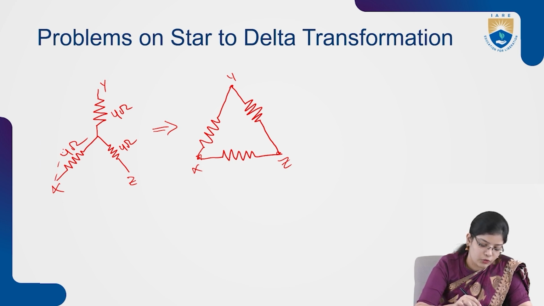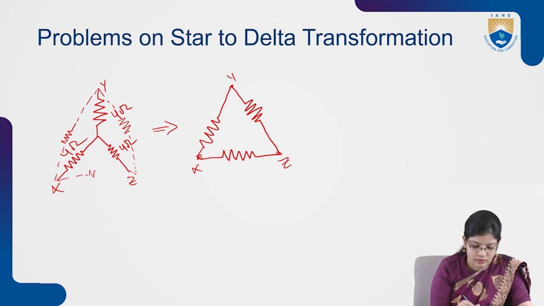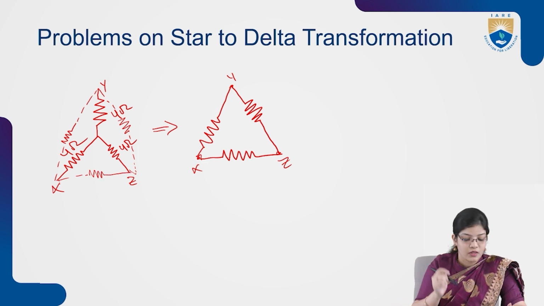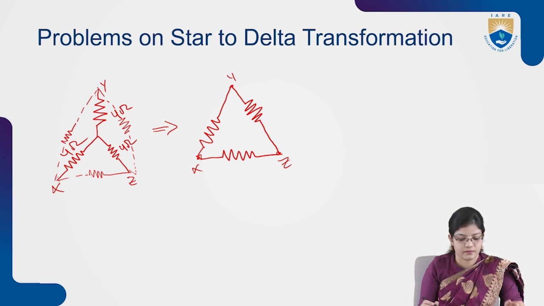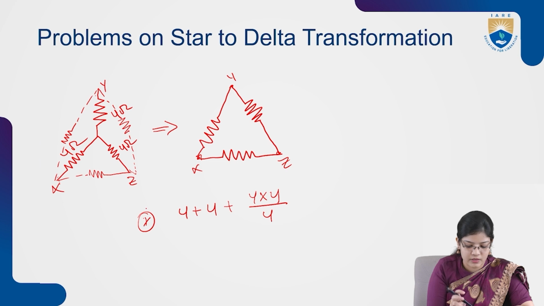Here I am going to combine this network to form a delta circuit so that we can calculate the network easily. Now we are going to convert the star network into delta. First, if we consider these two points, Rx equals 4 plus 4 plus 4 into 4 by 4.